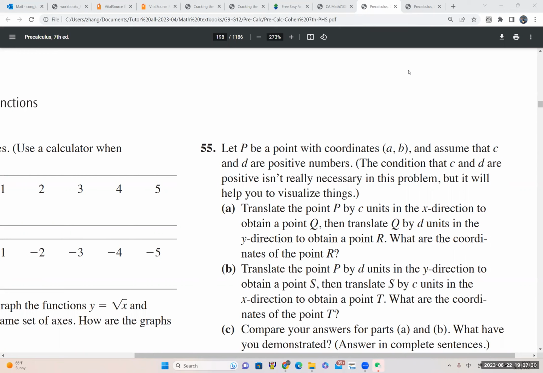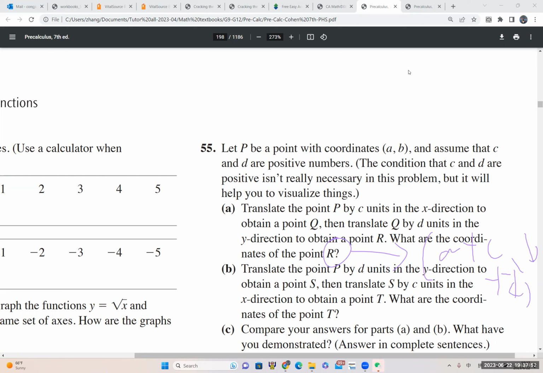Yeah, you can directly show. The answer here is the coordinates of R, right? Could you write it? A plus C, B plus D, right? Yes. Okay.